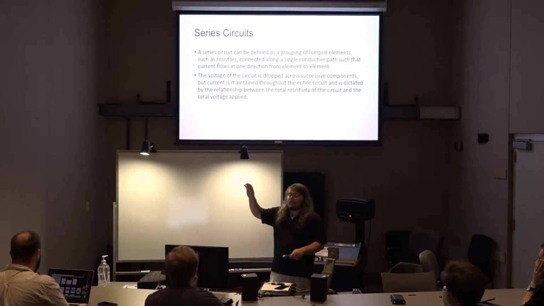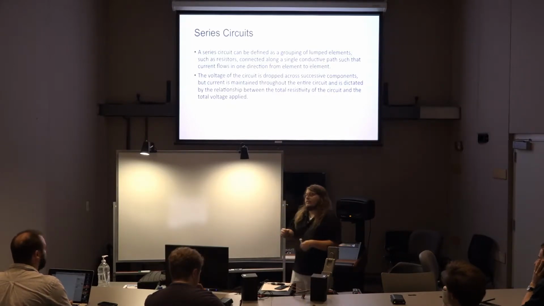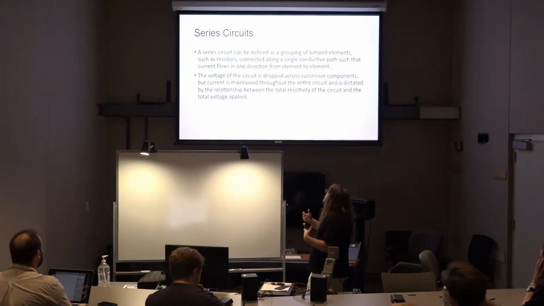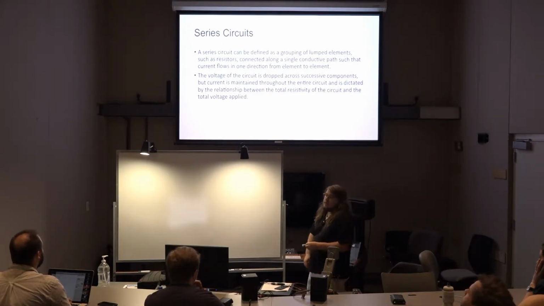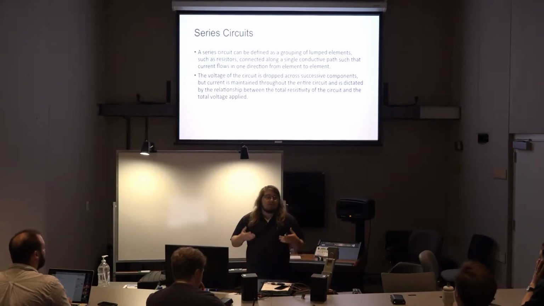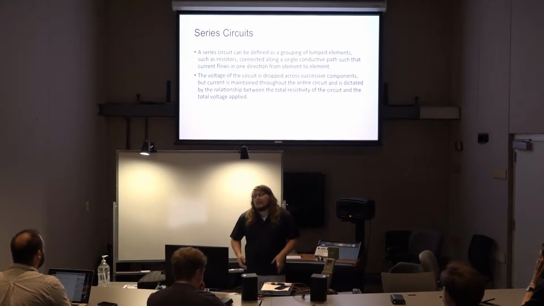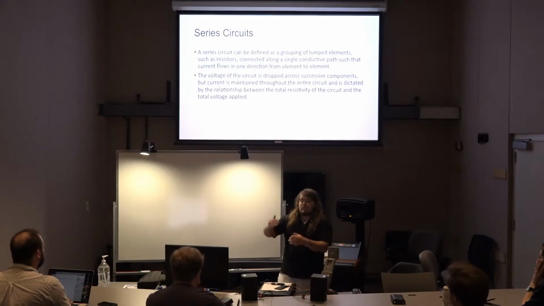We had one single conductive path from element to element. The second part of this, the voltage of the circuit is dropped across successive components, but current is maintained throughout the entire circuit, and that's dictated by the relationship between the total resistivity of the circuit and the total voltage applied, right? So that's just Ohm's law broken out into a paragraph.